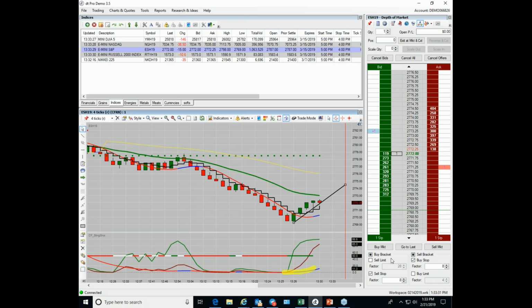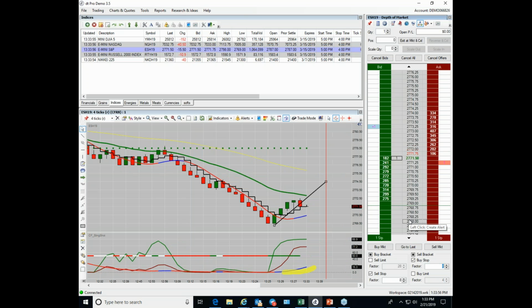Notice how the bottom of the DOM opened up. If you check sell stop, you check buy stop, right click, factor in ticks, right click, factor in ticks, and make this an 8, the factor. That is putting an 8 tick stop attached right behind our entry. So that's one less button you have to push, and that's a good thing.